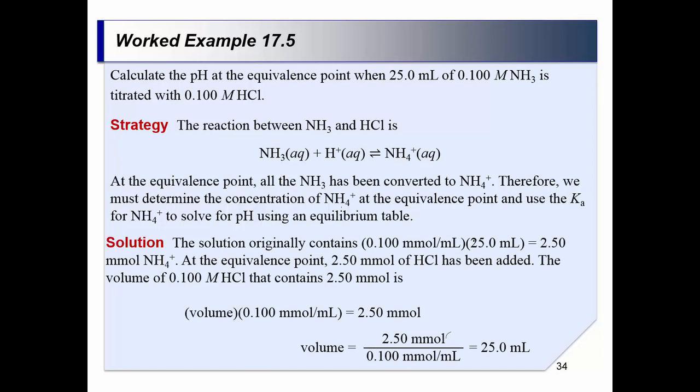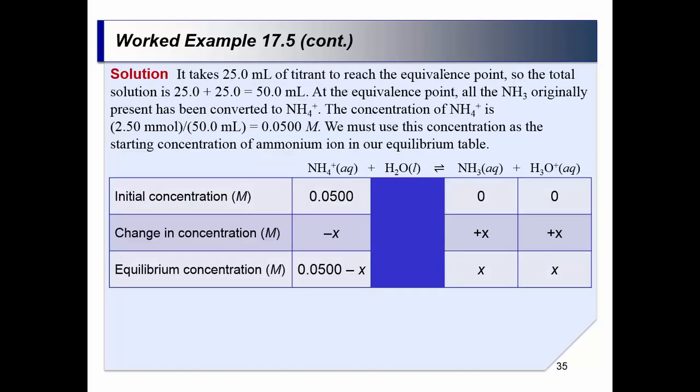That seems to be intuitive for a lot of students because we're working with the same molarity. It's a one-to-one relationship, so we must have the same volume. So with 25 milliliters here, we're starting with our 0.05 molar of our ammonium ion, and that is found by taking the moles that we had and dividing it by the total volume. Remember, total volume leads us to our concentrations.